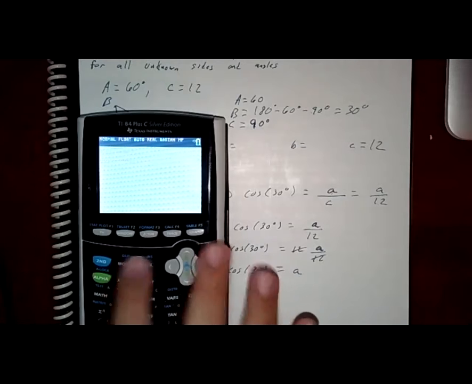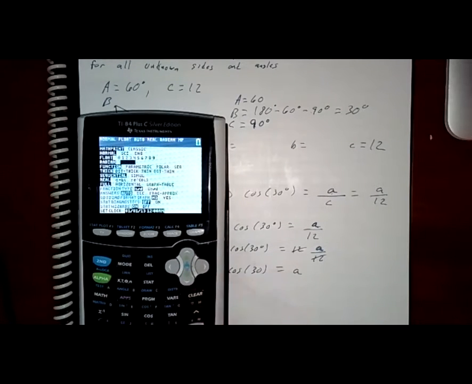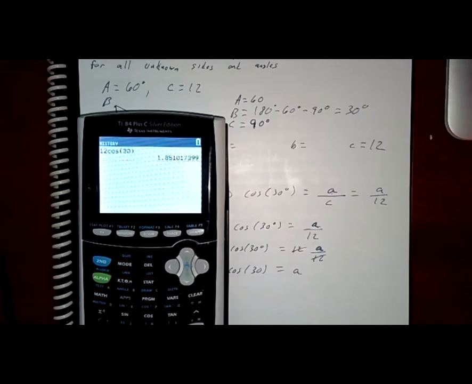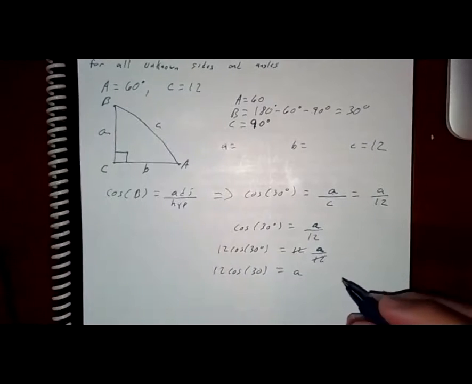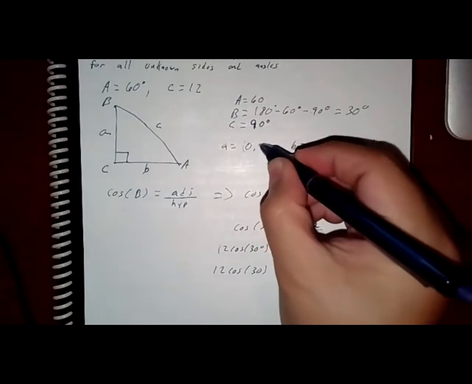I don't know if I am in degrees. I am not. There you go. It says round to 2 decimal places, so I'm going to round to 10.39. So we got A, 10.39.